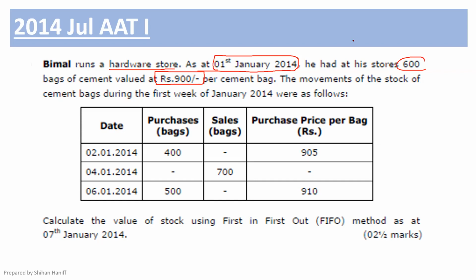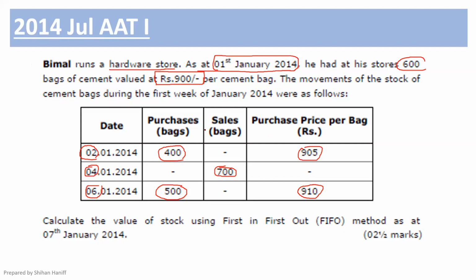Then the movement of the stock of cement bags during the first week. 2nd of January, purchased 400 bags, 905 rupees each. 4th January, selling 700 bags. 6th January, purchased 500 bags at 910.